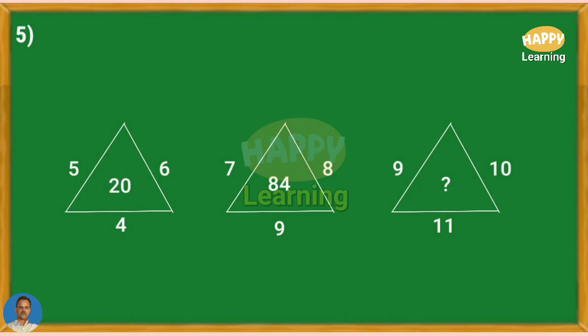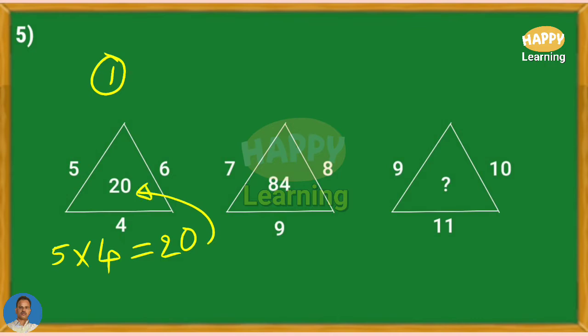Let us think of a relation between the numbers. In the first diagram, 5 4s are 20, 5 into 4 equal to 20, the 20 is here and this 6 is of no use.